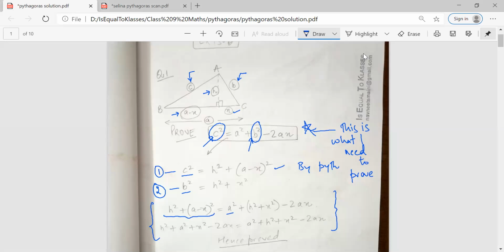The value of b square is h square plus x square. And minus 2ax is as it is. Any doubt? No, sir. Okay. So when I open a minus x whole square, this is equal to a square plus x square minus 2ax. H square plus x square is h square plus x square minus 2ax and a square. And when I compare the left hand side and the right hand side, it is pretty obvious that all these will cancel each other. Therefore, left hand side is equal to right hand side. Any doubt? No, sir.